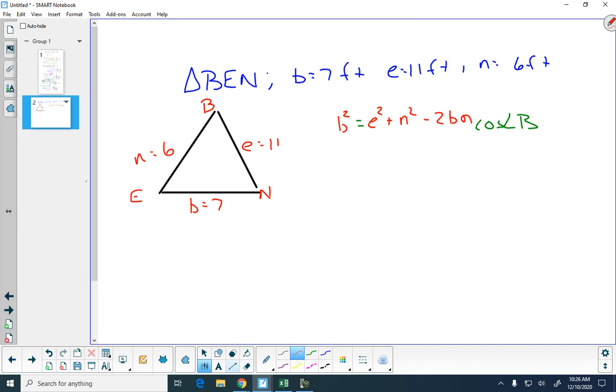Now let's start throwing in the information. B is 7, E is 11, N is 6: 7 squared equals 11 squared plus 6 squared minus 2 times 11 times 6 cosine of angle B. Okay, the first thing we have to do is subtract our constants over.